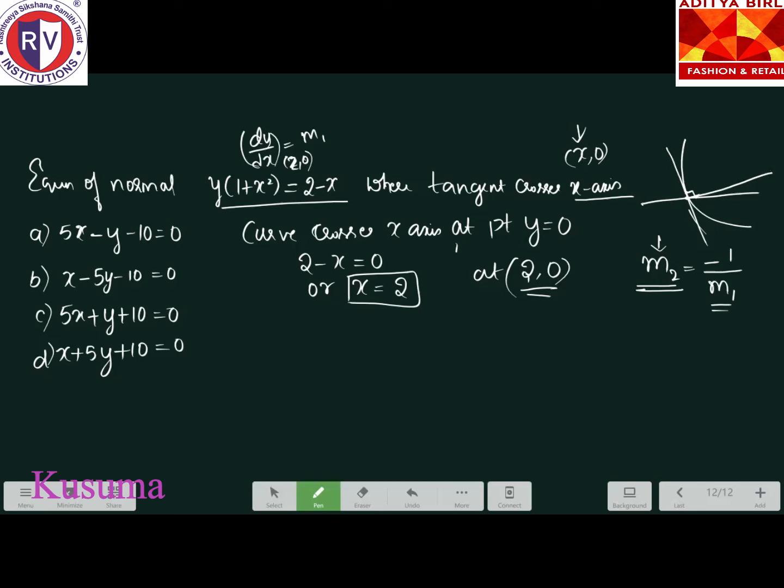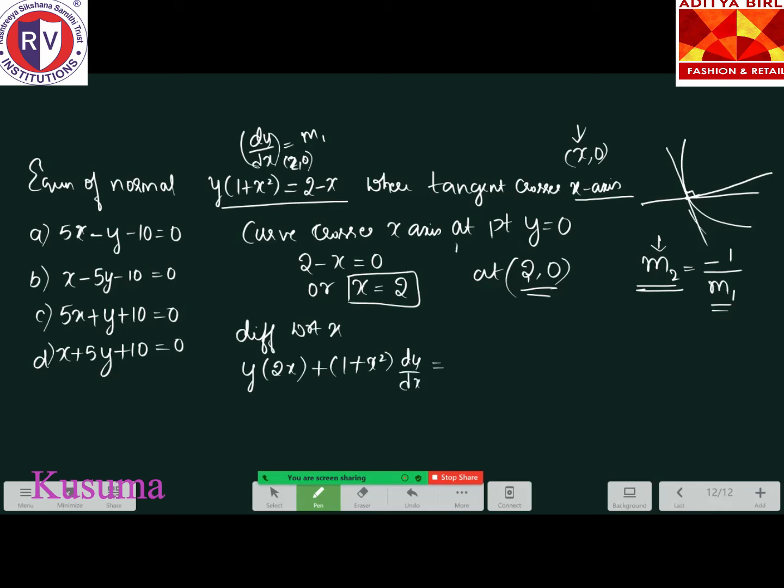Okay, so let us find out the slope of the tangent first. Okay, let us differentiate it with respect to x. Differentiate the equation with respect to x. So here it will give y into 2x plus 1 plus x square into dy by dx.